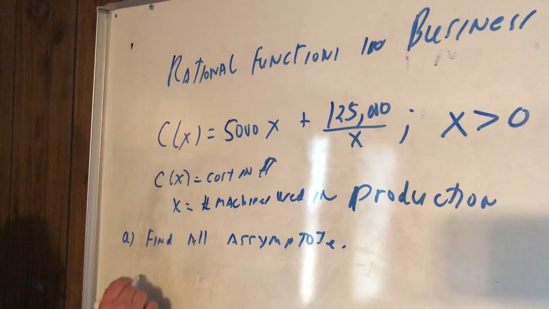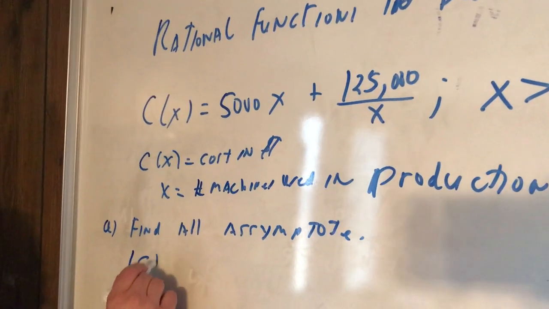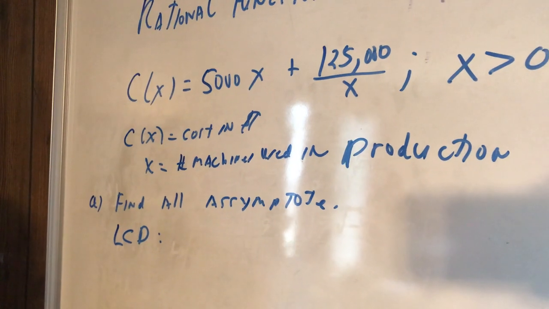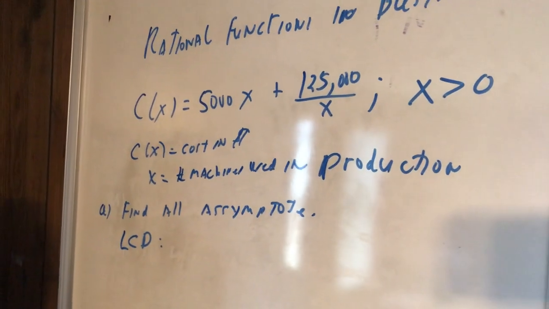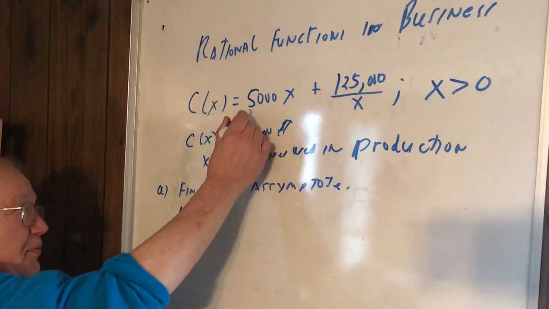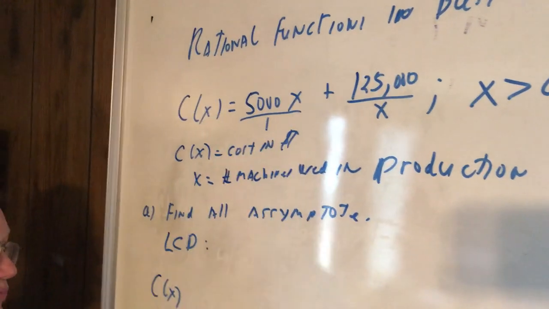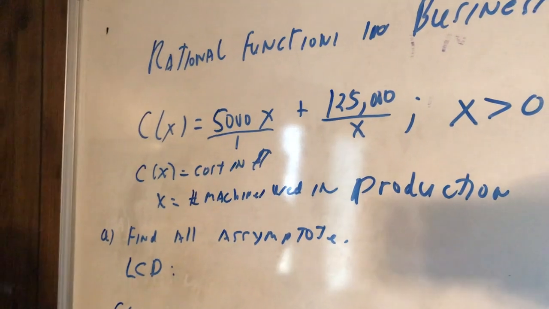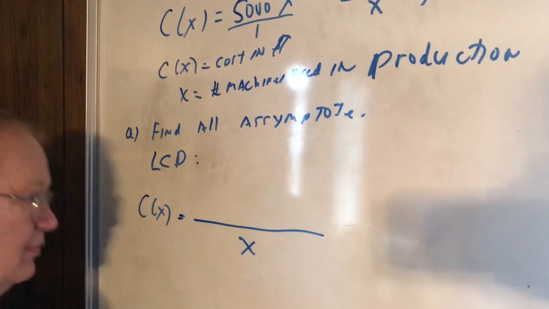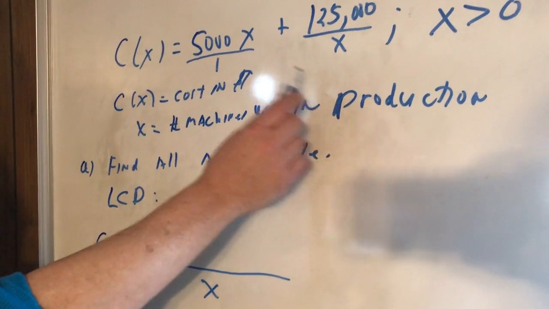Well, I have to find here the LCD. Now, that's not a Ford car, it's the least common denominator. So what will be the least common denominator? Well, let me put this over 1. So the least common denominator is 1 times x, which is x.